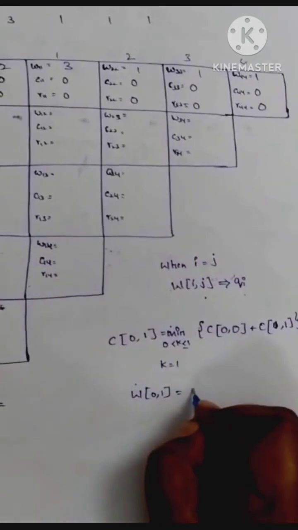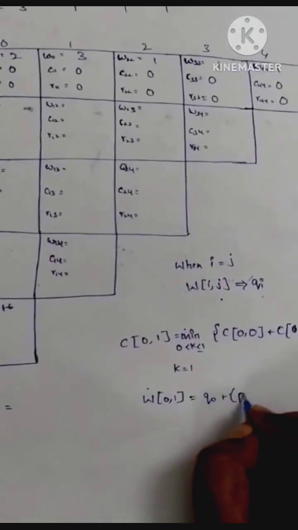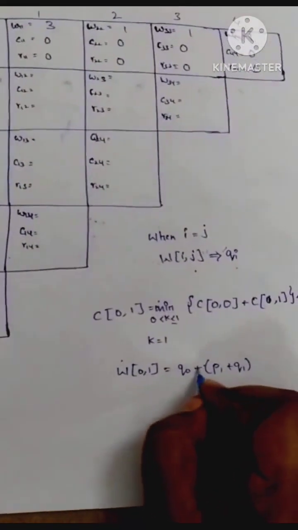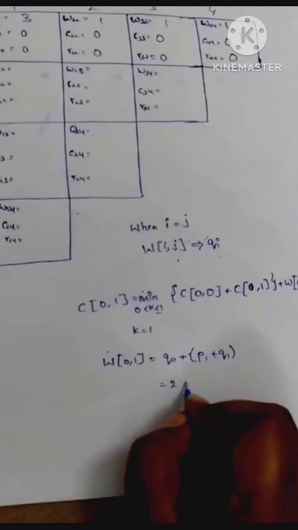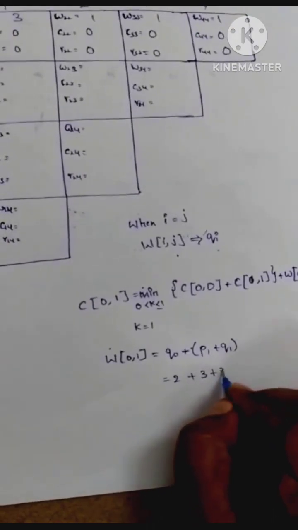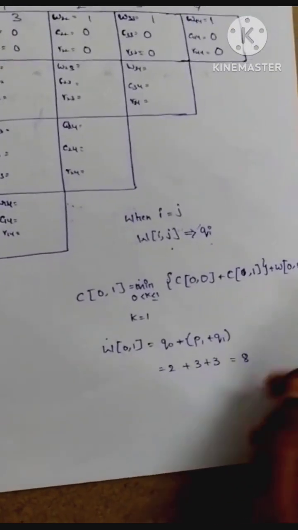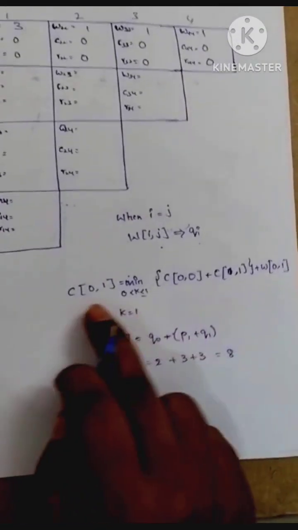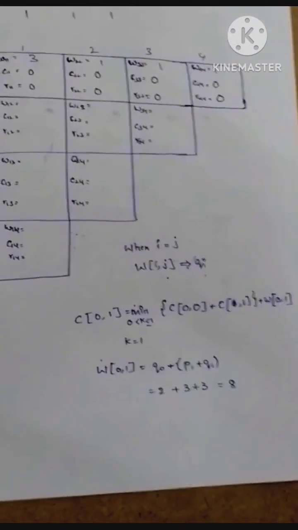By using the formula we get P1 plus Q1. The value of Q0 is 2 plus 3 plus 3, which results as 8. So we got the value of weight of 0 comma 1. Now let's find out the cost of 0 comma 1.